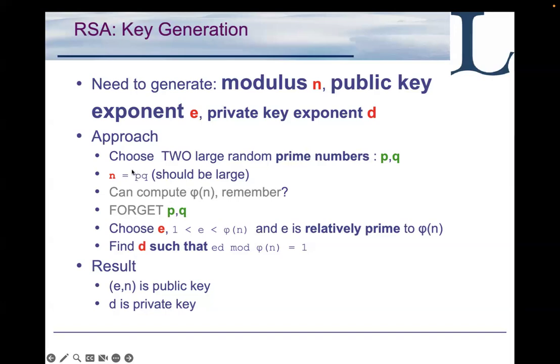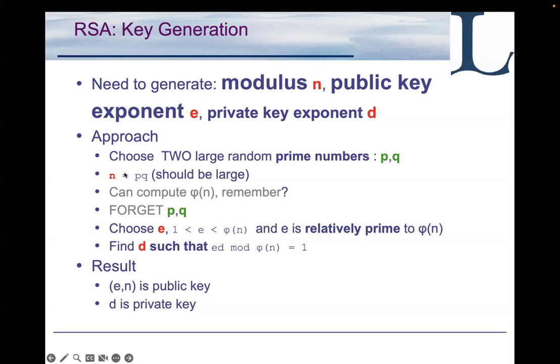Moreover, once you have computed the product, you forget P and Q, so you don't need them anymore. You just discard them and use only n, the result of the computation, for future operations of the algorithm.